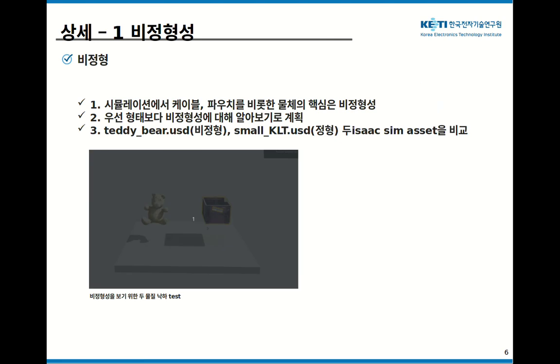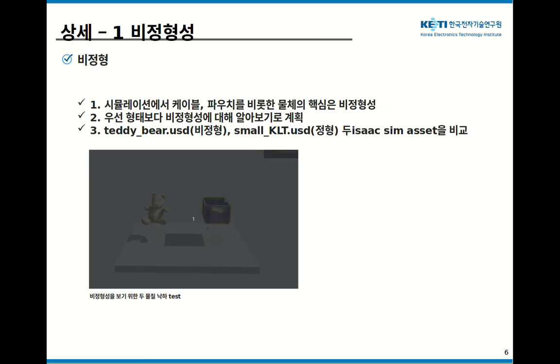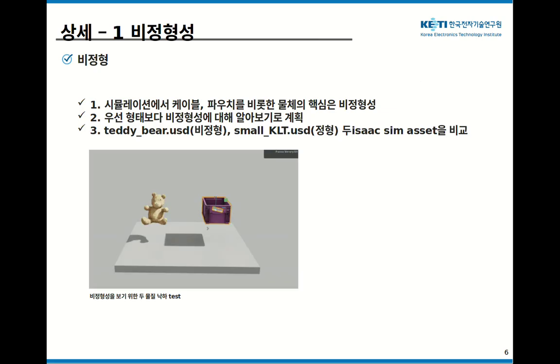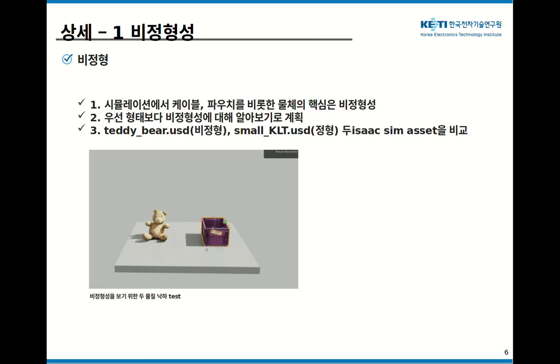So I decided to look at the amorphous nature first before the shape. I compared two Isaac Sim assets. One is teddy bear. Teddy bear USD is amorphous, and small KLT USD is rigid. To see the amorphous nature, I did a test where I dropped the two materials.